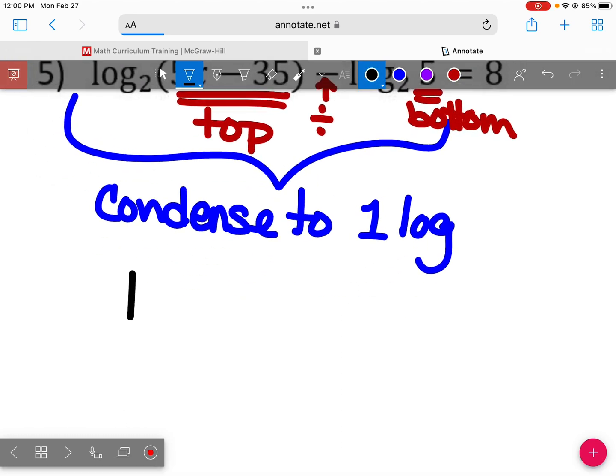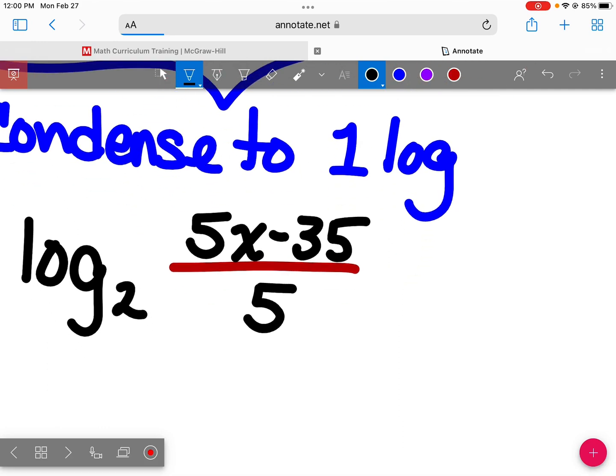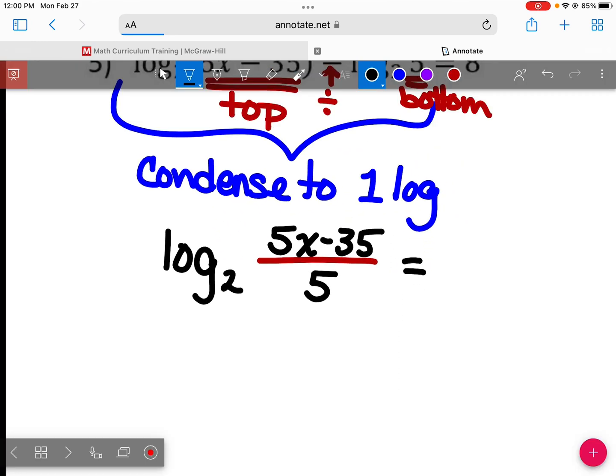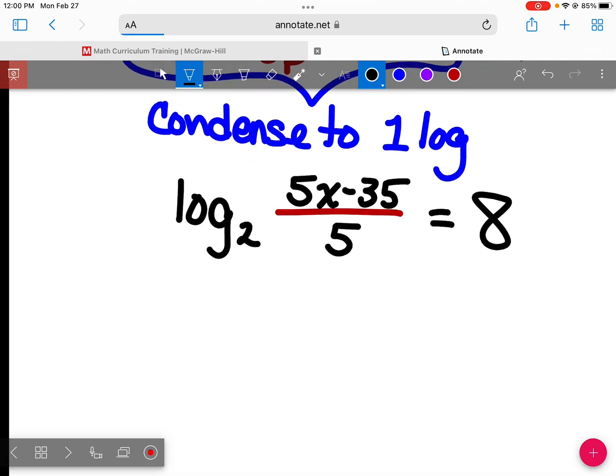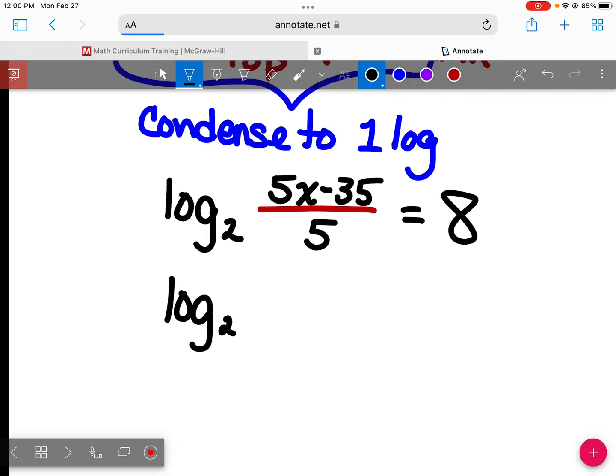So I'm going to have log base 2, and then I'm going to have my fraction, 5x minus 35 over 5, equals 8. I need to try to simplify that fraction. The 5s cancel out. Yep, but I have to divide both pieces here.